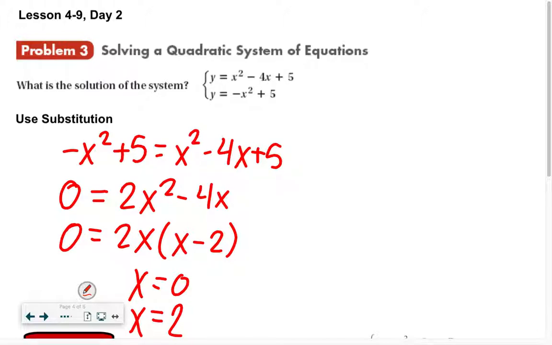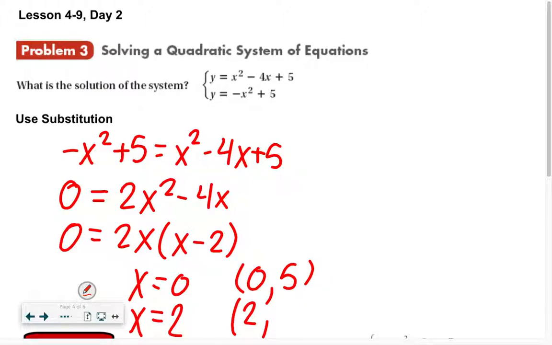Am I done? No. What are we going to do? Plug them in. Doesn't matter which one. Let's plug into the bottom. So if x is 0 here, I get out 5. And if x is 2, put in the bottom 2 squared, 4.